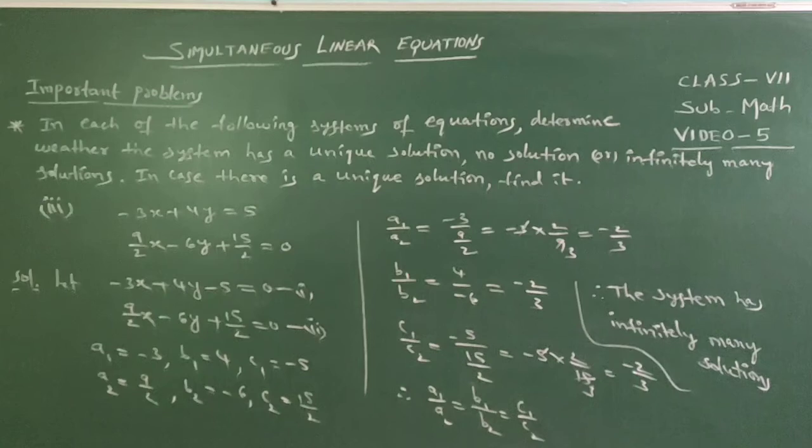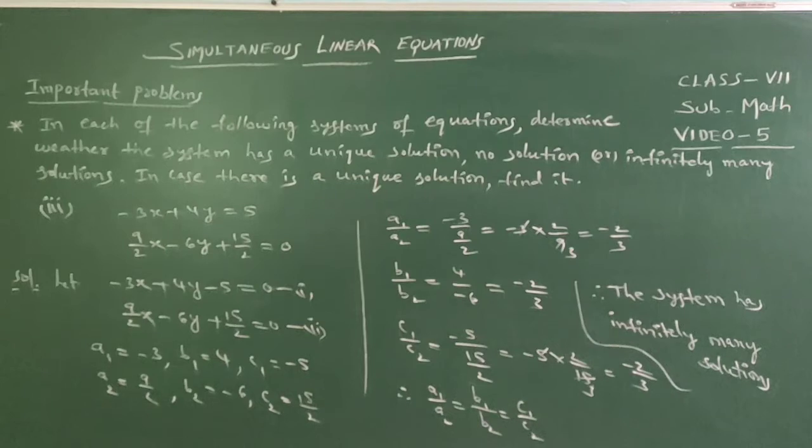Now once observe, third equation minus 3x plus 4y minus 5 equal to 0 is the first one, and 9 by 2x minus 6y plus 15 by 2 is the second equation. A1 equal to minus 3, B1 equal to 4, C1 equal to minus 5, A2 equal to 9 by 2, B2 equal to minus 6, C2 equal to 15 by 2.